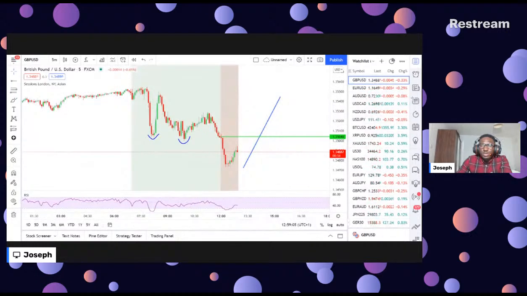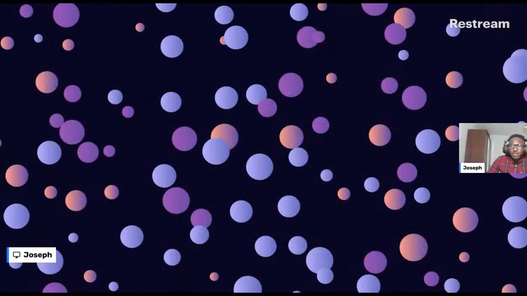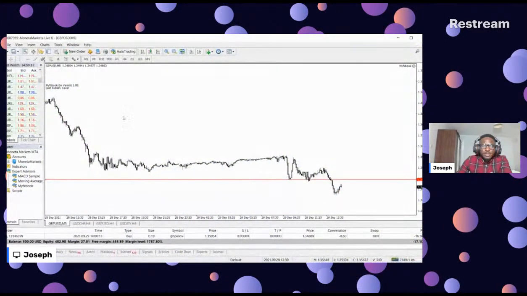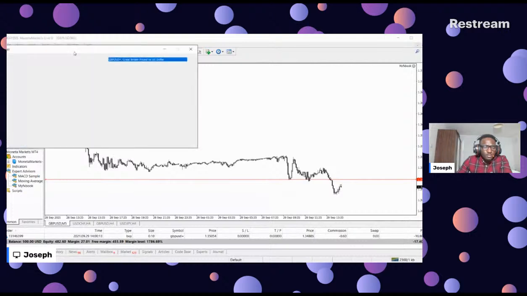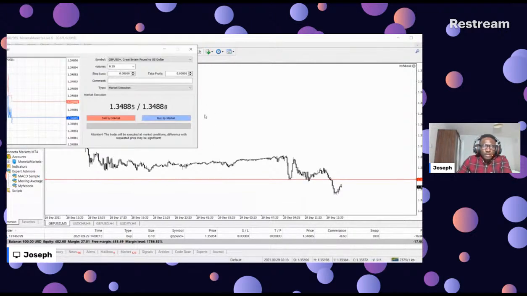So let's go over to the trading platform. It's a new order. Again, 0.1 at exactly 1 o'clock, we're going to be entering that position.